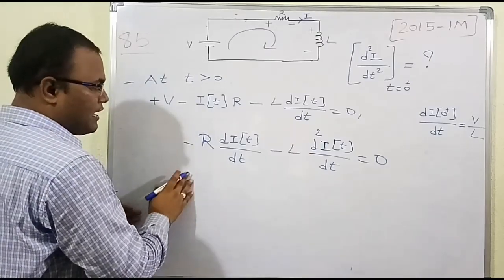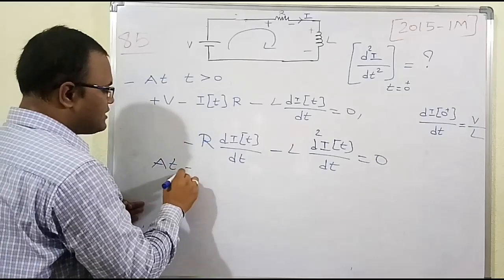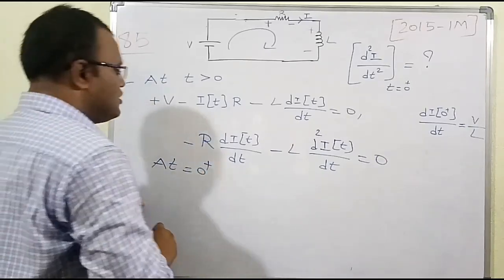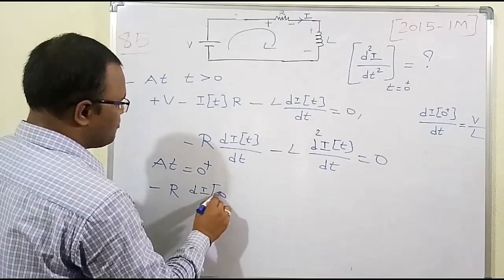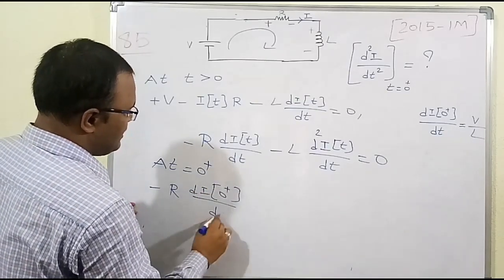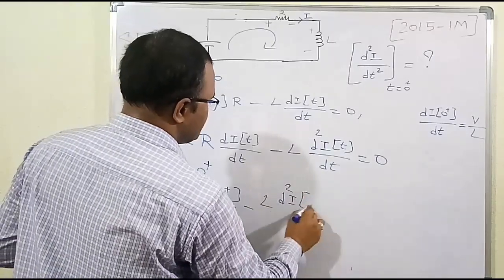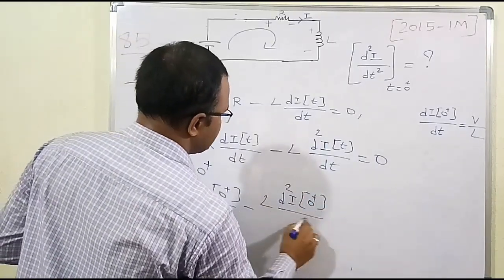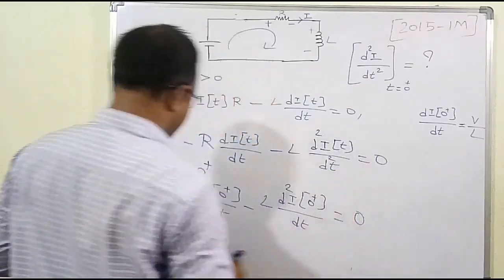So now I am writing this equation at t equal to 0 plus, since I need values at t equal to 0 plus. Therefore minus R di of 0 plus by dt minus L into d square I of 0 plus by dt square is equal to 0.